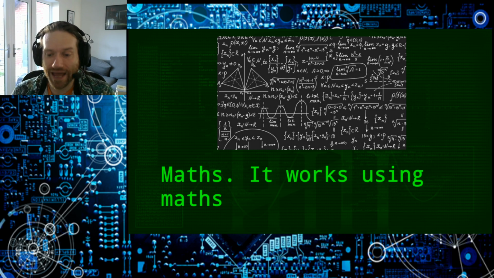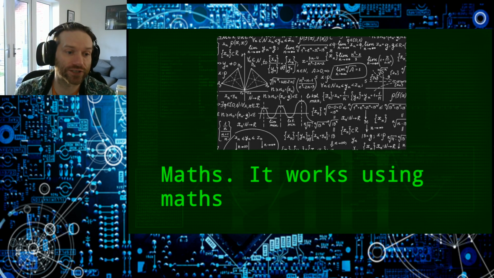Okay, so maths. Now, like I said, you don't need to understand the maths behind it, although Wikipedia has a whole ton of information about the maths and how it works. So feel free to dip into that if you want. Oh yes, prime numbers. When we're talking about encryption, prime numbers are a big thing.